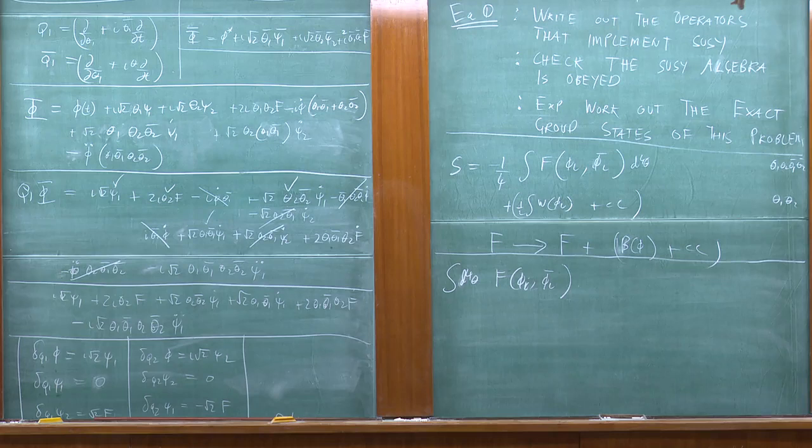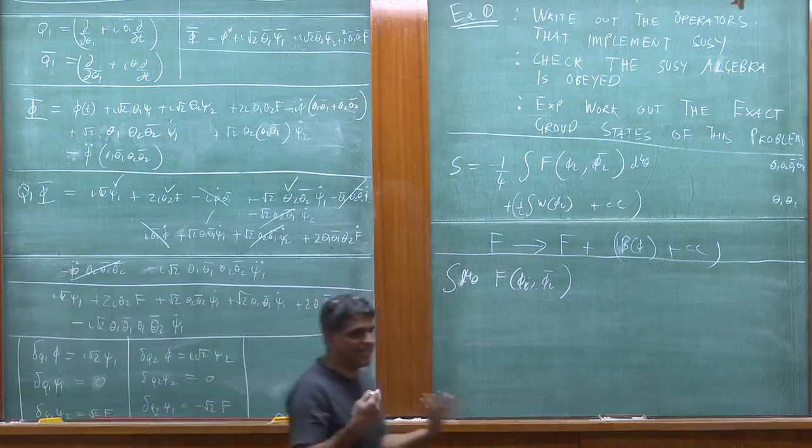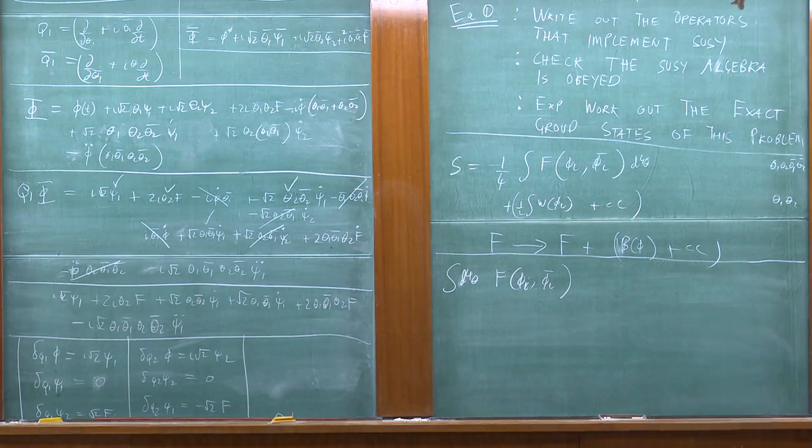Each phi is expanded in superfields like this, and phi bar has the identical expansion, replacing all thetas with theta bars and fields with complex conjugates.